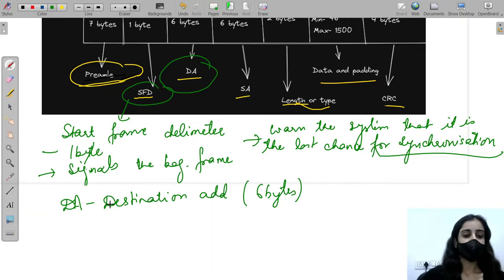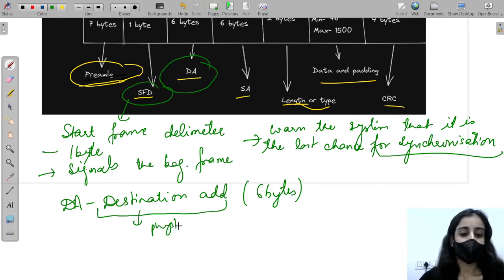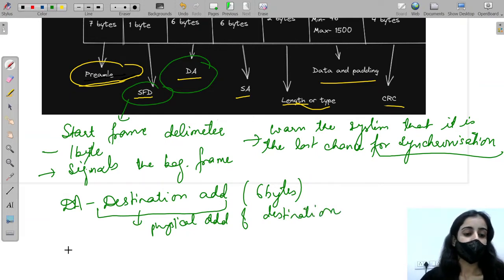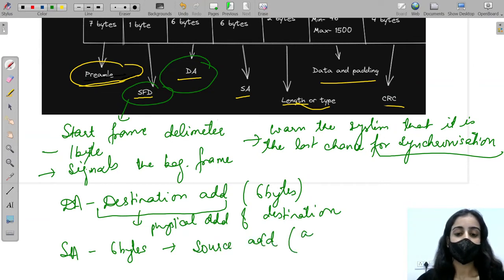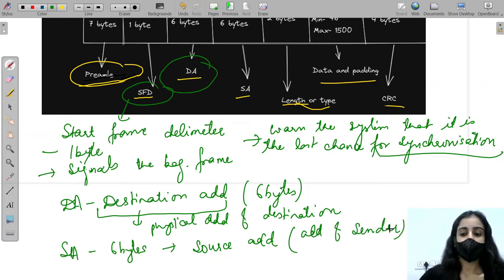As the name suggests, it's the physical address of the destination. Same goes for SA, which is also of 6 bytes, and it stands for source address, and it is the address of the sender who is sending the packet.